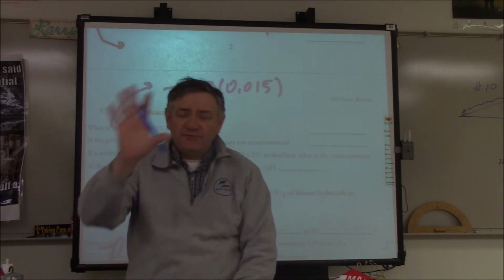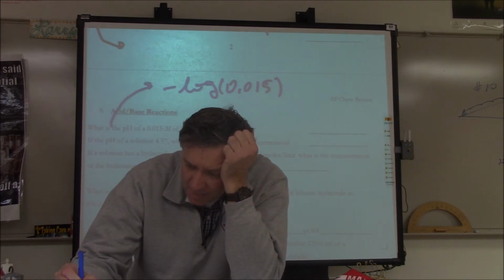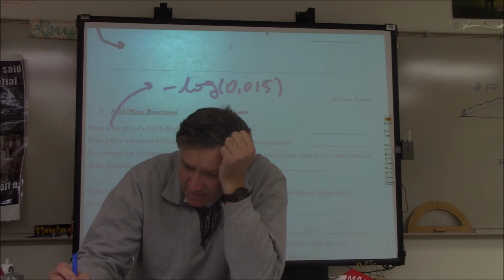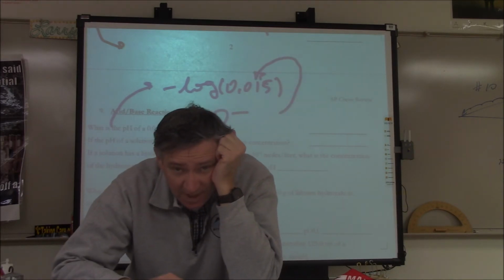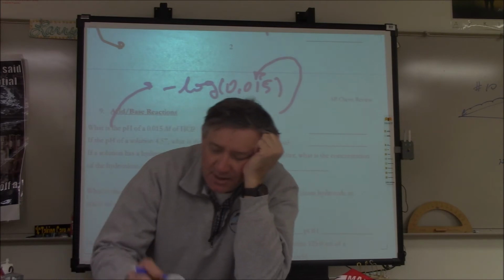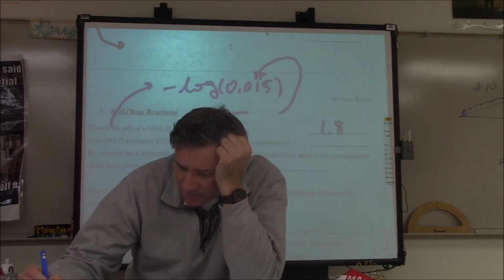Now, quick refresher on logs. We're trying to figure out what power I raise 10 to so that I get 0.015. That's what I'm trying to find. So, not to ruin the surprise, but this answer is going to be 1.82.